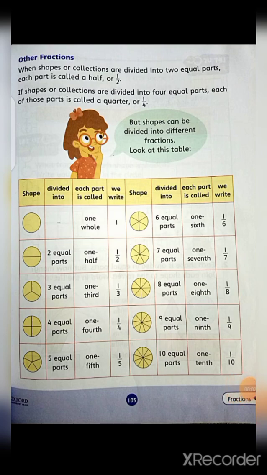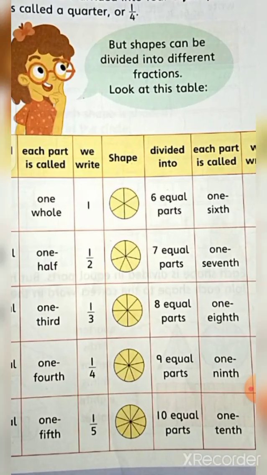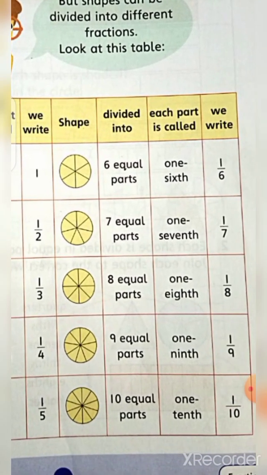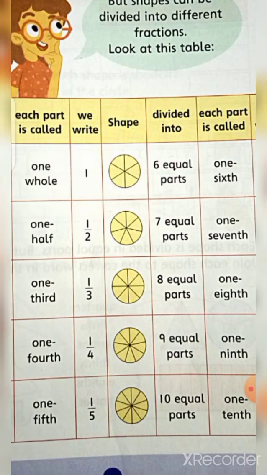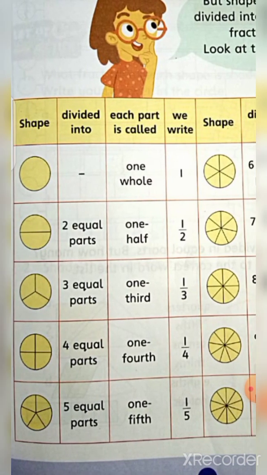If you look carefully, this one part is 1 over 2. Notice 1 over 2 and 1 over 10. Which part is bigger? Even though 1 over 10 may look bigger, it is very small. One part out of 10 equal parts is very small. One part out of 2 equal parts is big.